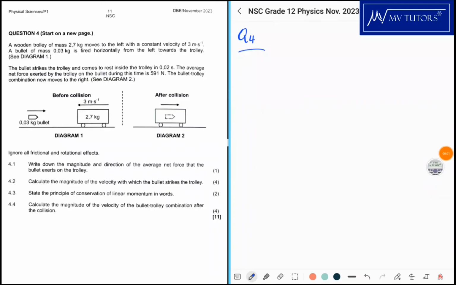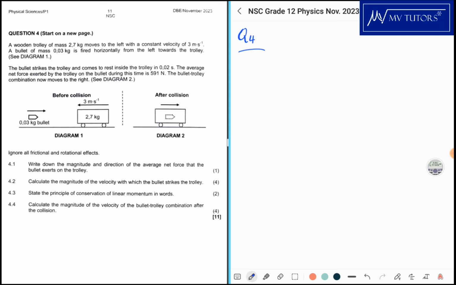Question 4. A wooden trolley of mass 2.7 kilograms moves to the left with a constant velocity of 3 meters per second. A bullet of mass 0.03 kilograms is fired horizontally from the left towards the trolley. As you can see, there's diagram 1 and diagram 2.